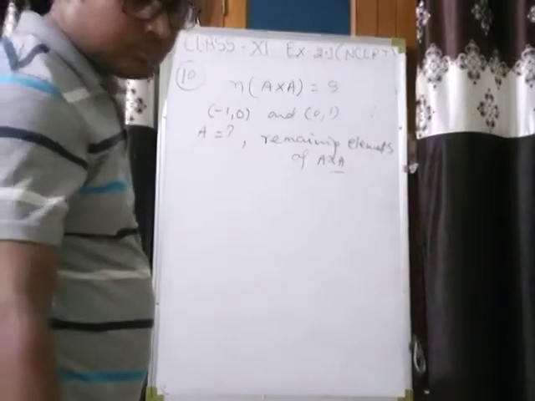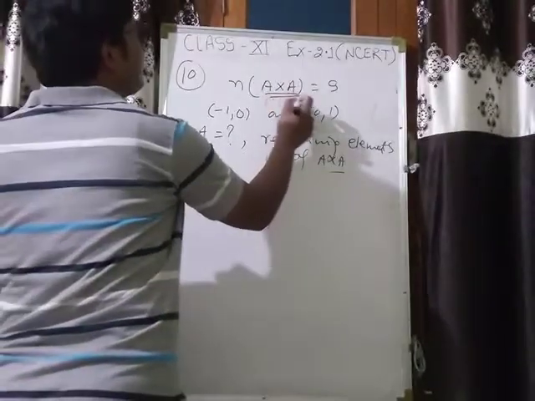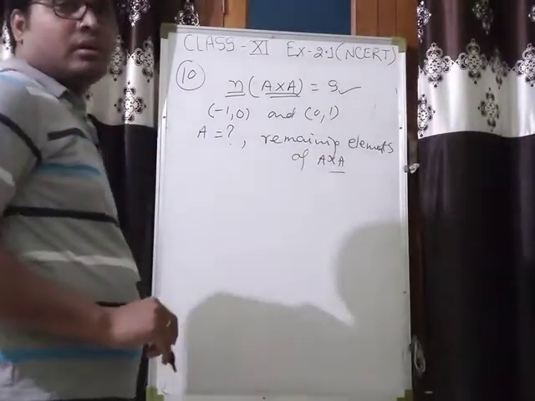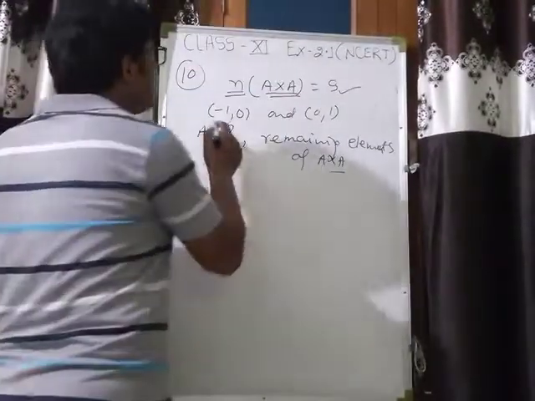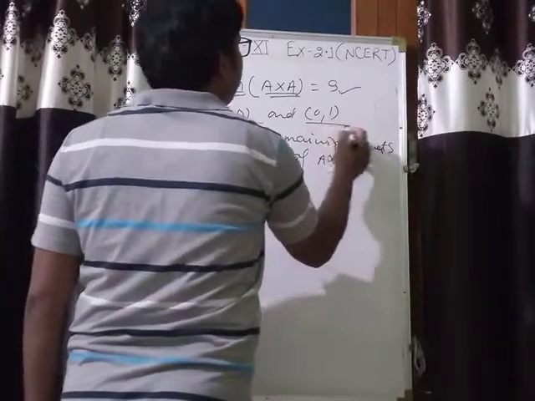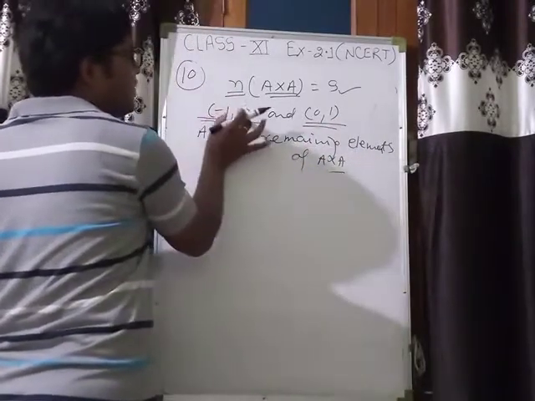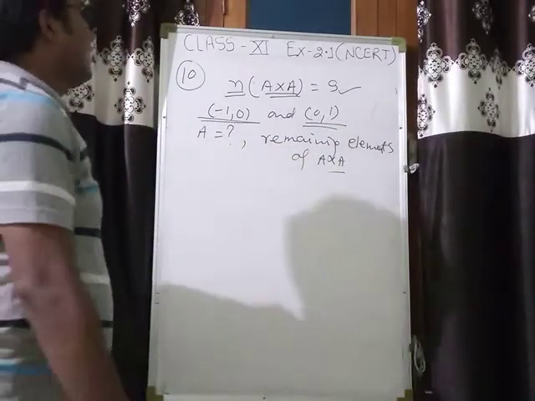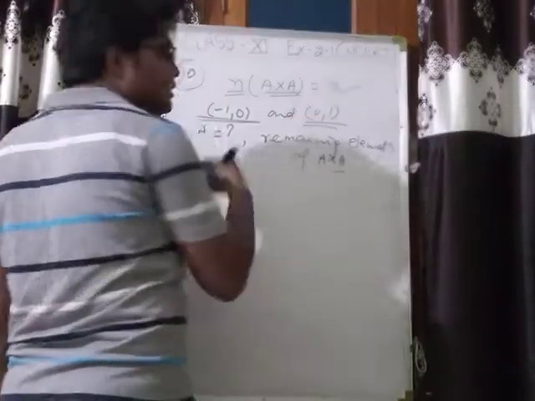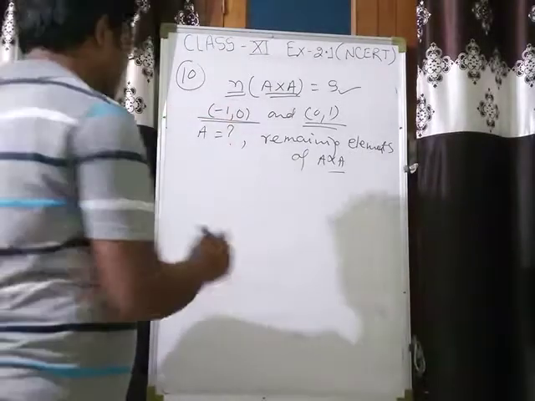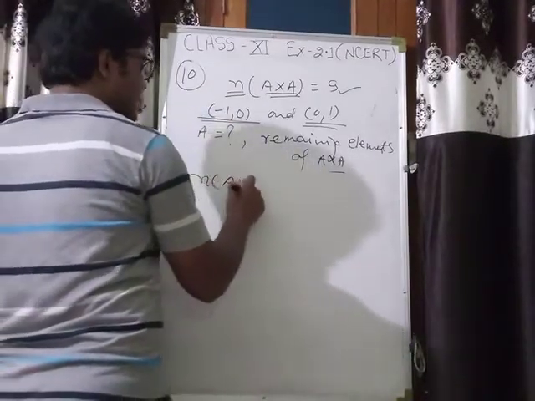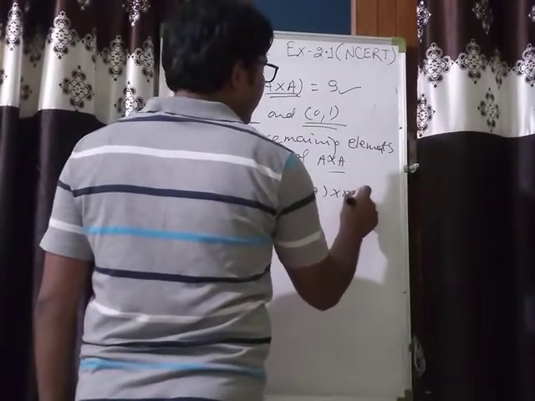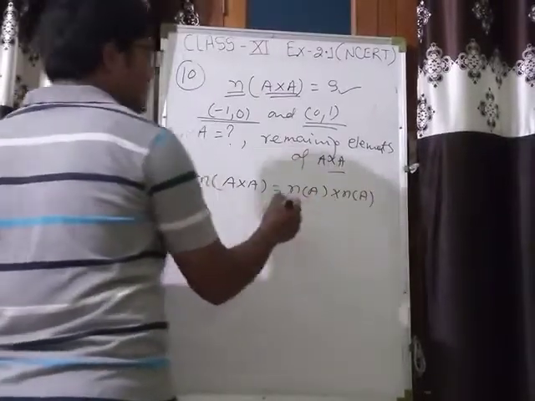See, in A cross A, how many elements? 9 elements. And from those 9 elements, 2 elements are the ordered pairs (-1, 0) and (0, 1). This is the Cartesian product A cross A. Clearly it has n(A) into n(A) elements.